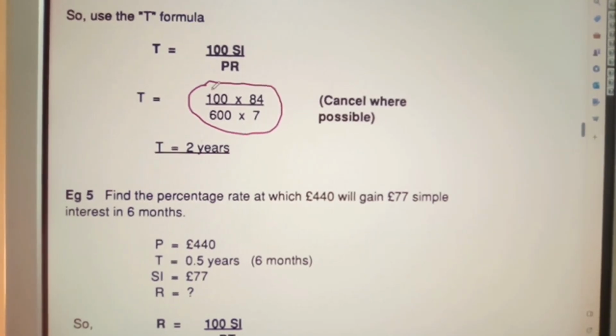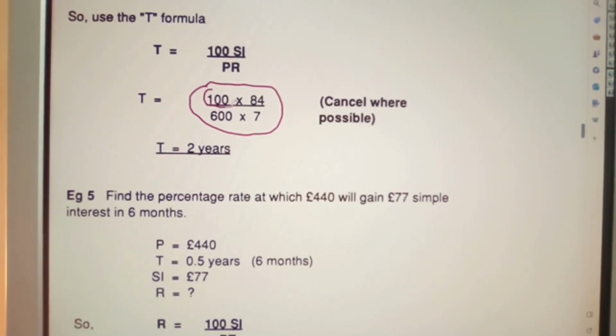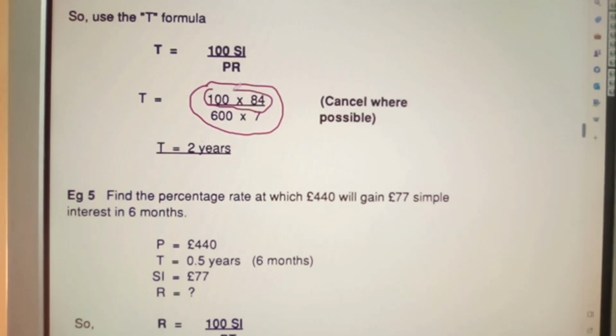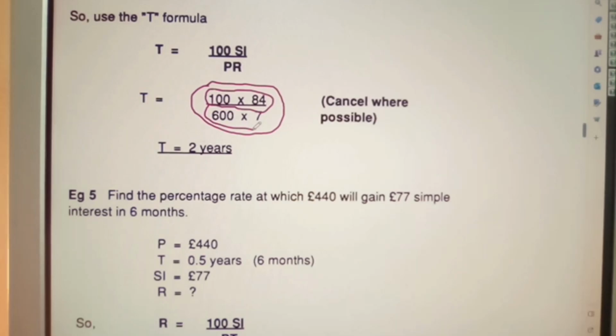Do the top first, then the bottom. And the time will equal 2 years, because you're looking for t, the time.